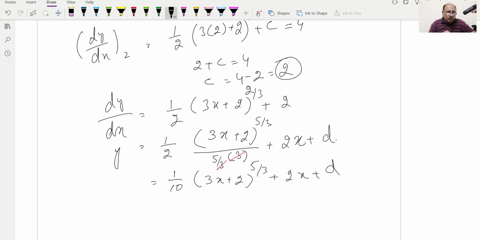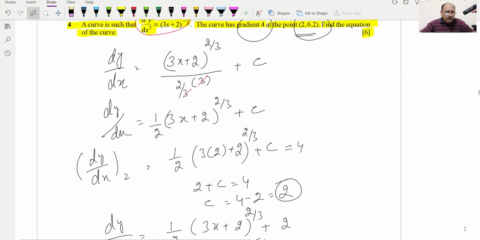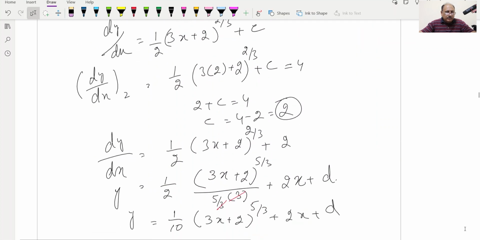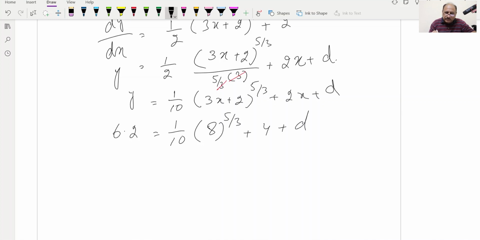plus d. To find the value of d we can use again the same point, which is y value will be 6.2 and x value will be 2, and we can write here basically 6.2 is equal to 1 by 10 into, x value will be 2, so 2 into 3 will be 6, 6 plus 2 will be 8, so 8 raised to the power 5 by 3, plus 2x, meaning 2 into 2 will be 4, and plus d value.